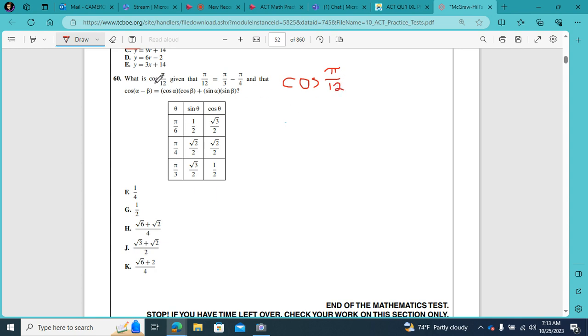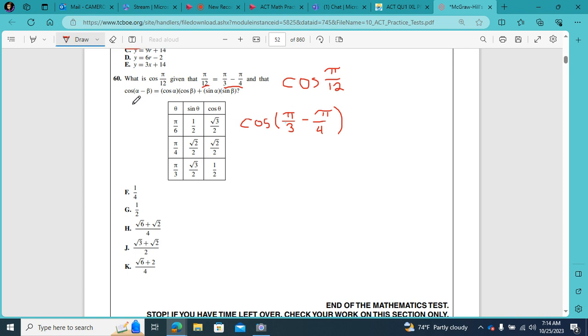First of all, given that pi over 12 equals pi over 3 minus pi over 4, I'm going to rewrite that as cosine of pi over 3 minus pi over 4.